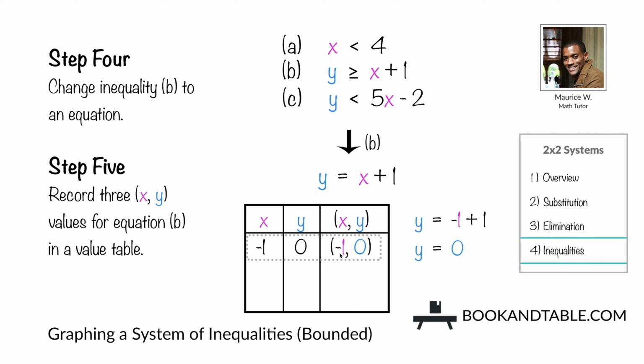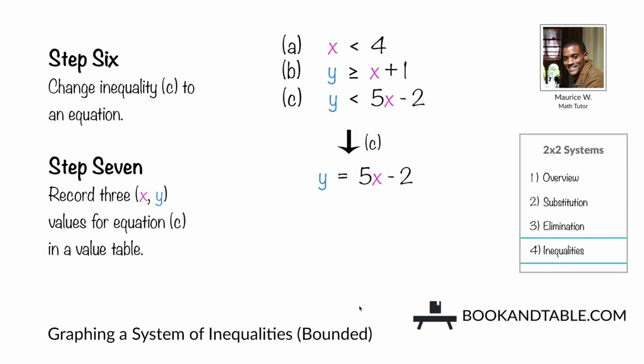So the first point in the value table is x is negative 1 and y is 0. When x is 0, y is equal to 0 plus 1, which is 1. So the second point in the value table is 0, 1. And when x is positive 1, y is 1 plus 1, which is 2. So 1, 2 is the third point in the value table.